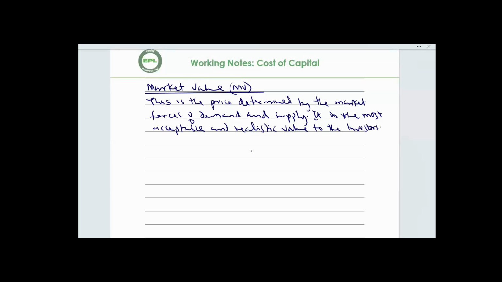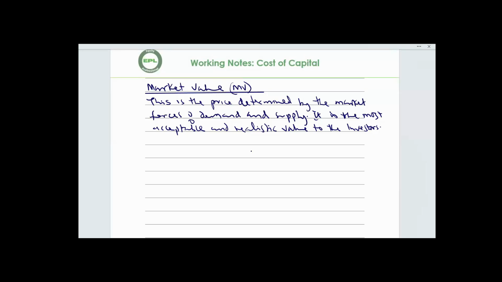In the past, ICAN asked as a sub-requirement, why is market value preferable to book value? So this is what you are going to be saying. Investors prefer the market value because it's determined by the market participants, unlike the book value that is stagnant, it's just there in the balance sheet.